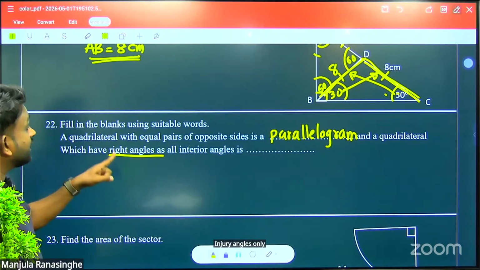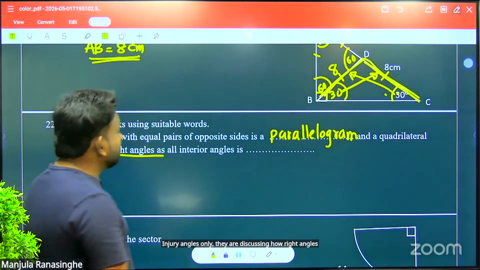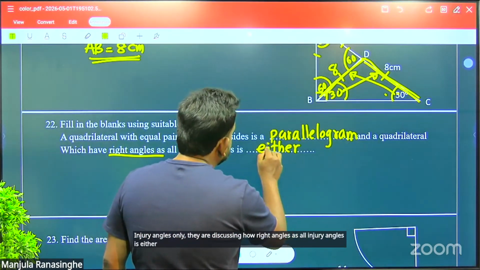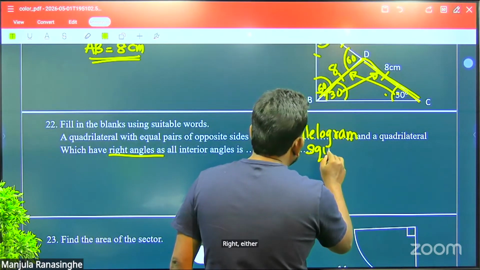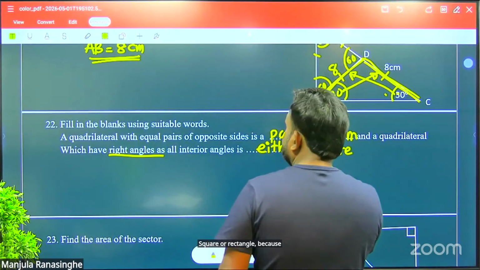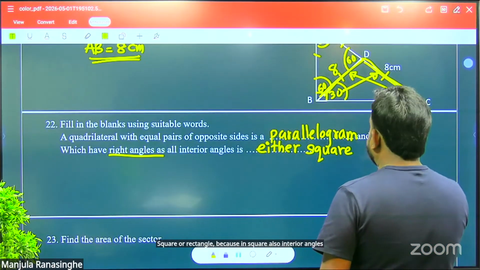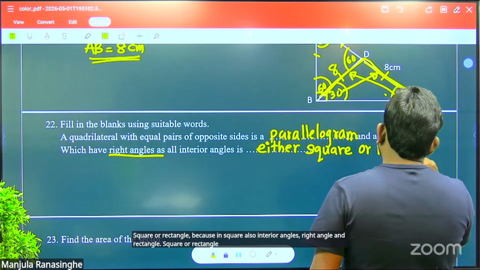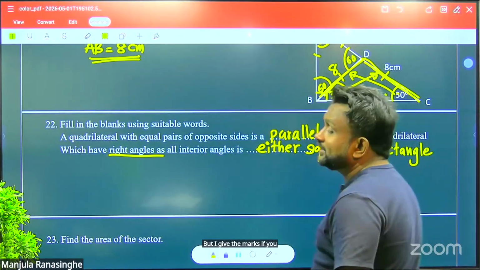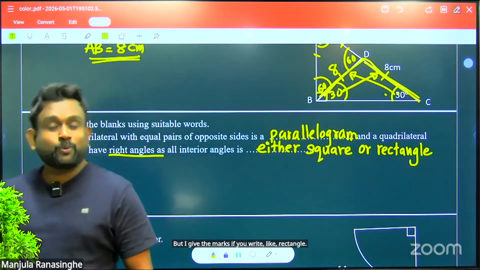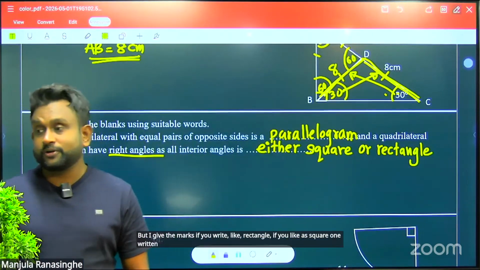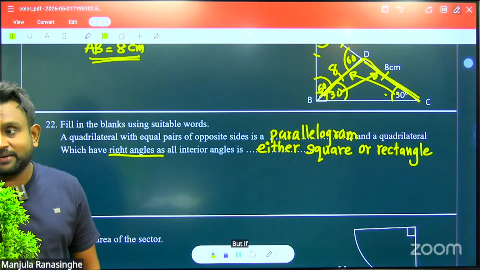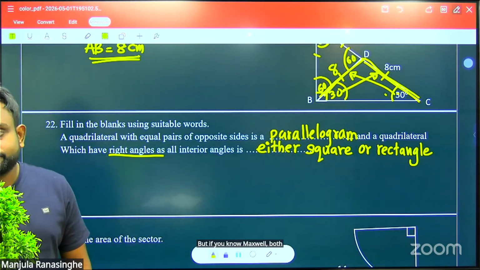They are discussing having right angles as all interior angles, which is either square or rectangle, because in a square also the interior angles are right angles, and in a rectangle too. But I give the marks if you write rectangle. If you write square alone, that is also given the marks. Understood? But if you know maths well, both should be mentioned.